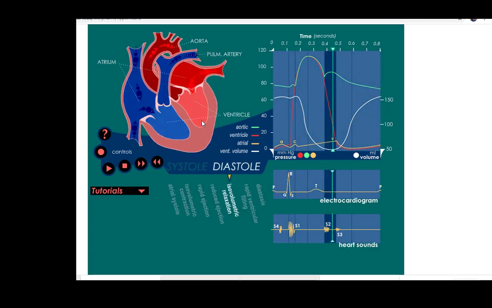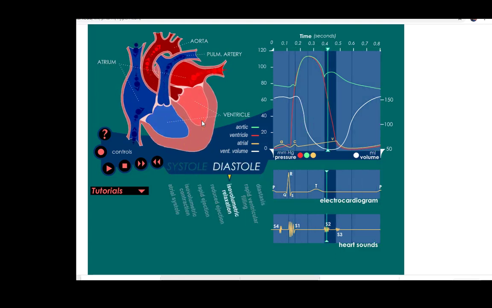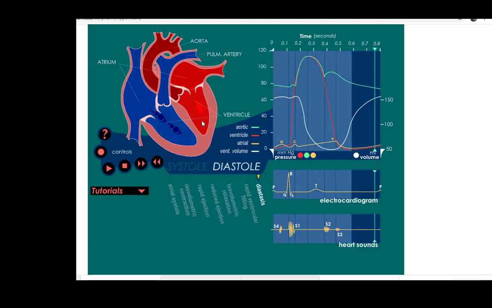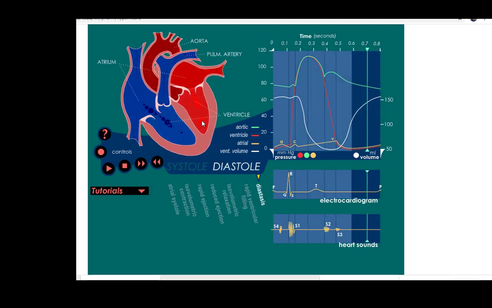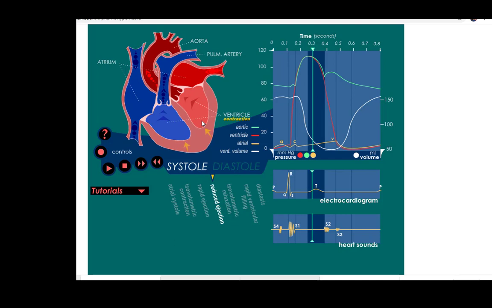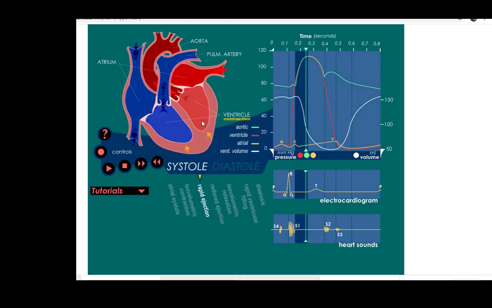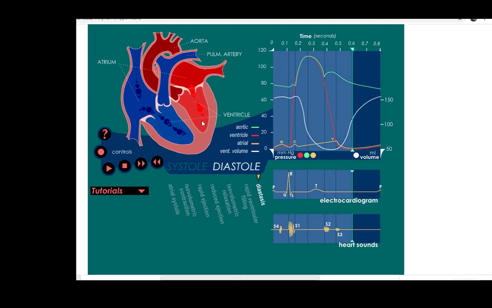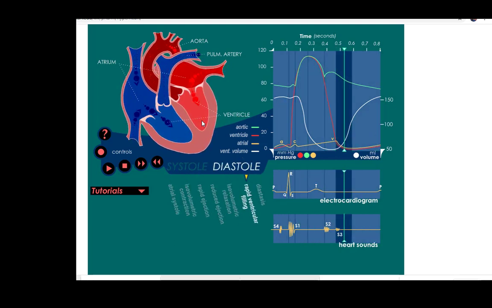And the closing of the valves is what ensures that blood doesn't flow back into the chamber that it came from. So we'll see in this animation that blood never flows back into the atria from the ventricles because those AV valves are closed. And it never flows back into the ventricles from the aorta or the pulmonary artery because those valves are closed. So it's always a one-way direction.